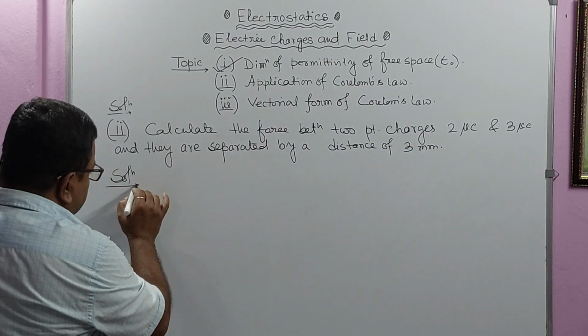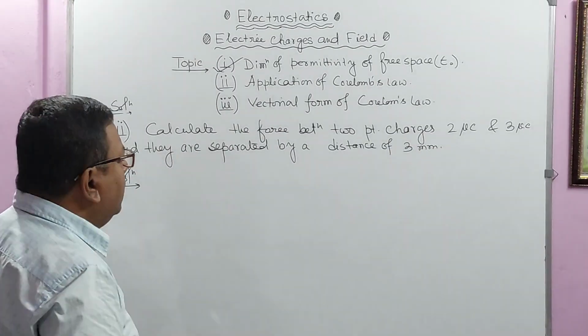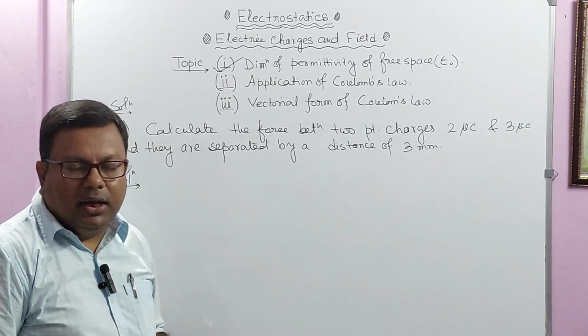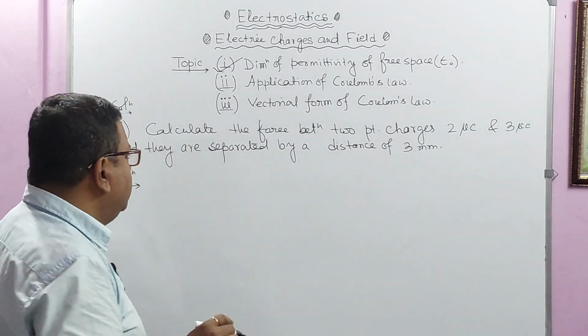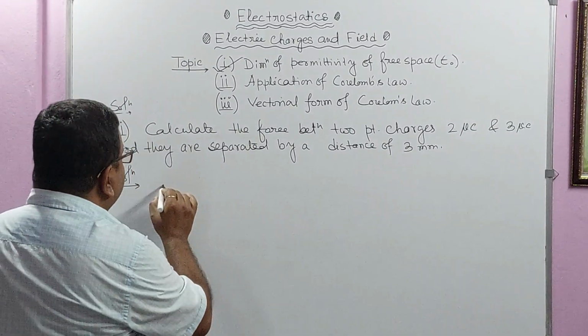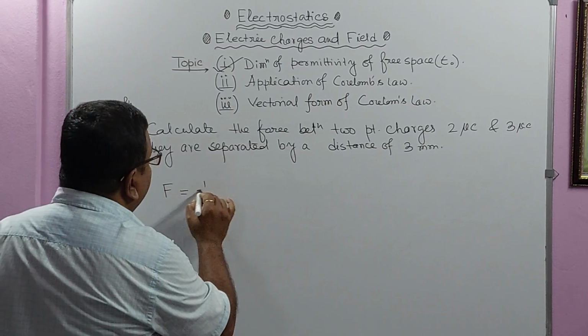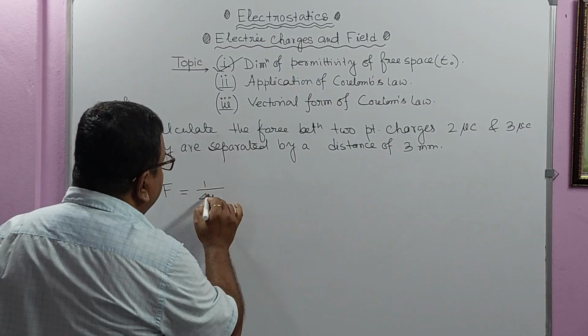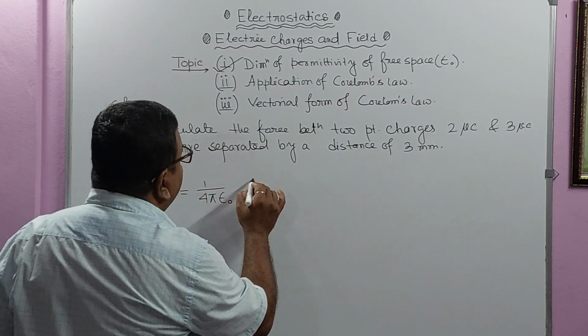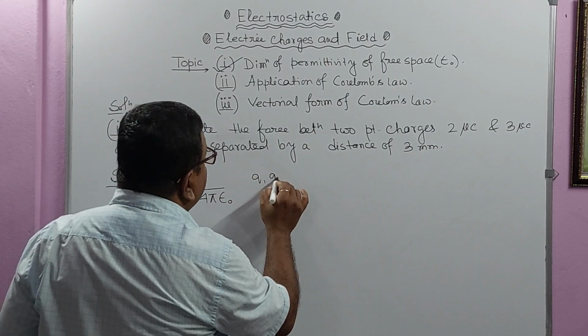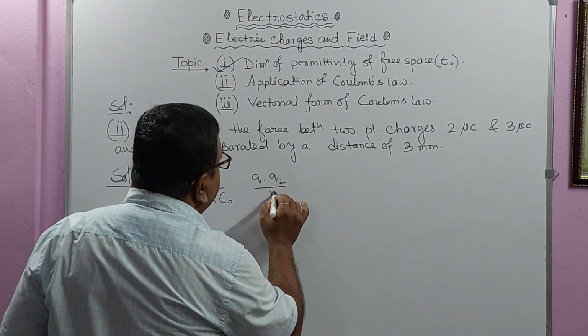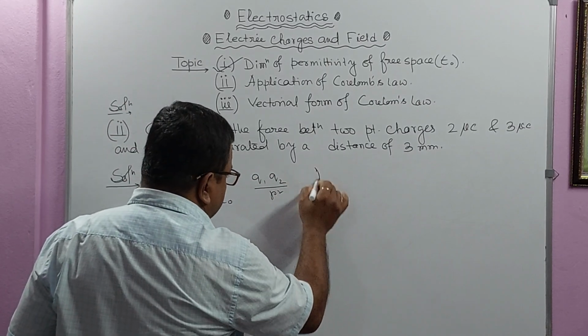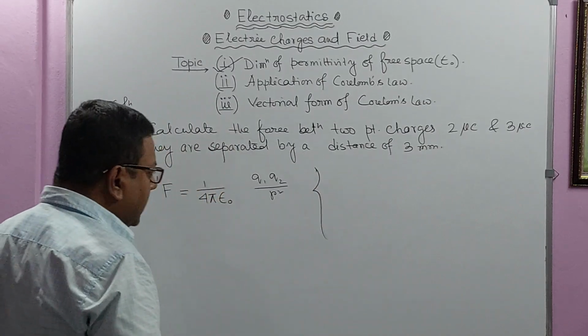For the solution, first of all, we should write the mathematical expression of Coulomb's law, which is F equal to 1 by 4 pi epsilon naught Q1 Q2 by R square. Okay.